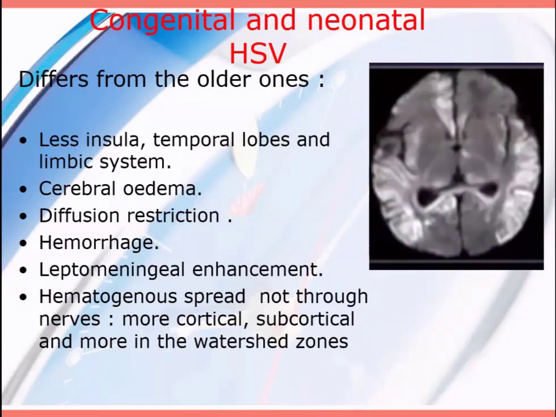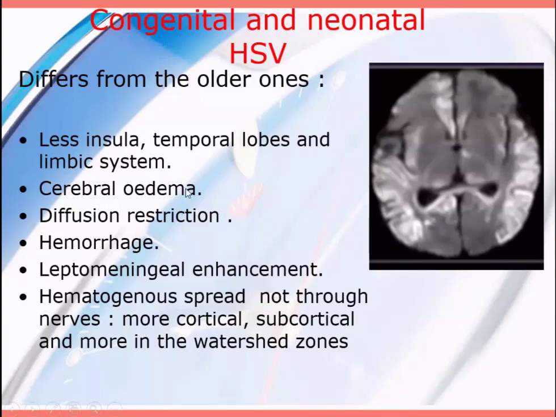Congenital and neonatal herpes simplex virus. The herpes differs from the older one. The congenital and neonatal herpes differ from that in older children. In older children it is more likely to occur like in the adult, in the insula, temporal lobe and limbic system, beginning there. But in congenital and neonatal herpes virus, there is less insula, temporal lobe and limbic system affection.